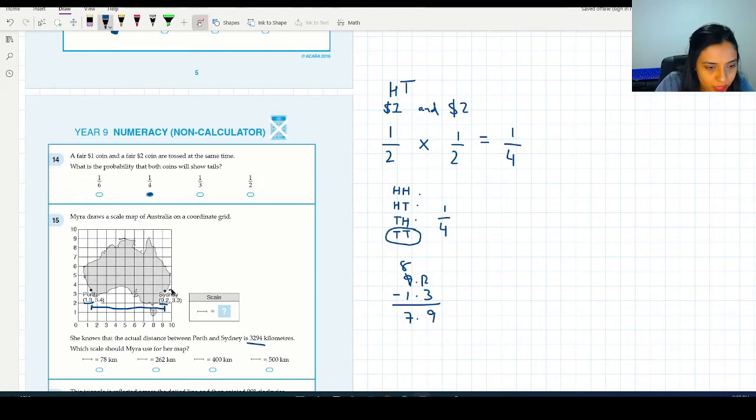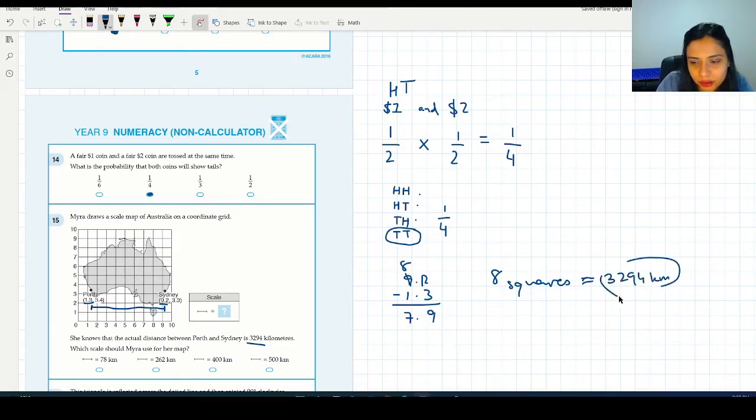So that little distance is 0.1. So roughly the distance between the two is the edge of 8 squares. And we want that to equal roughly 3,294 kilometers. And we can round this off, I guess, to 3,300 kilometers.